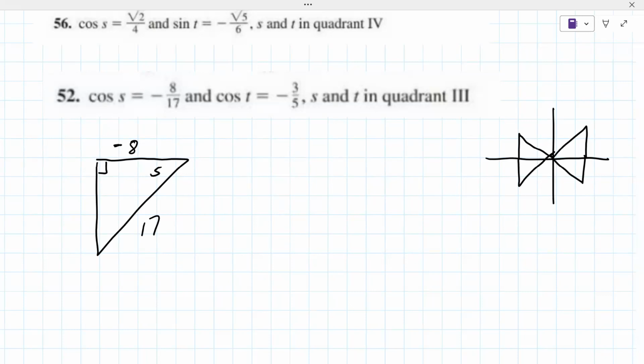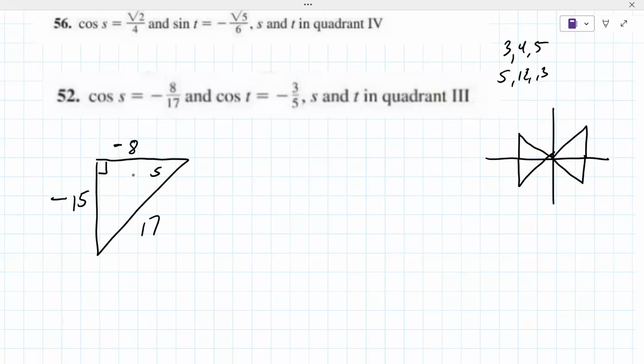You do have to use the Pythagorean theorem, but some of them are well known, like 3, 4, 5s and 5, 12, 13s. This one is one of them, 8, 17. The 17 is the biggest number, so it's between 8 and 17. It ends up being 15. Is it positive or negative? Negative. Yeah. All right.